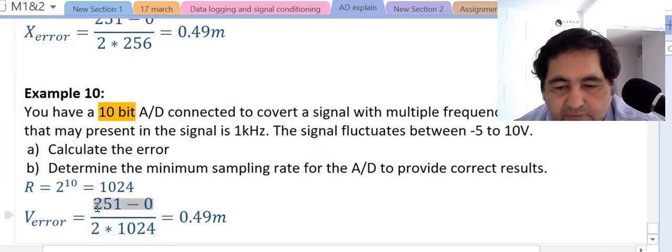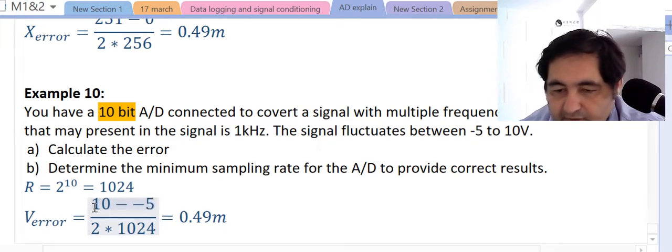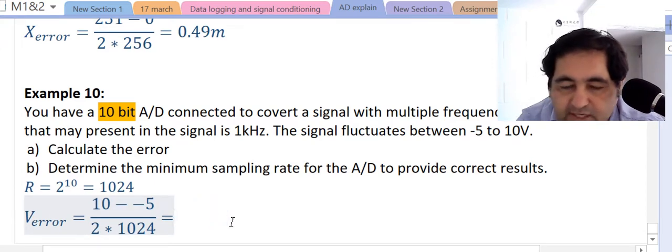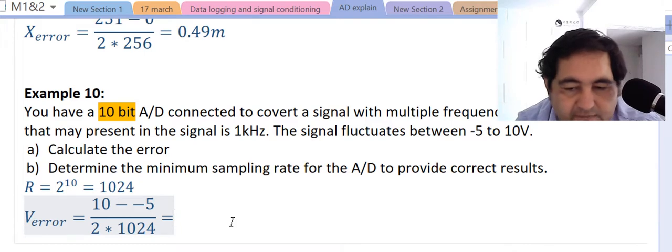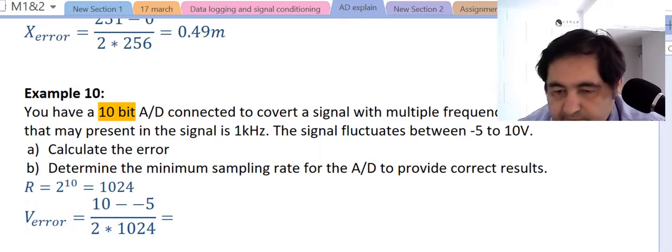So the maximum is gonna be 10, the minimum is gonna be -5. So 10 minus -5 is making 15 volt, and over there it is 2 times 1024.